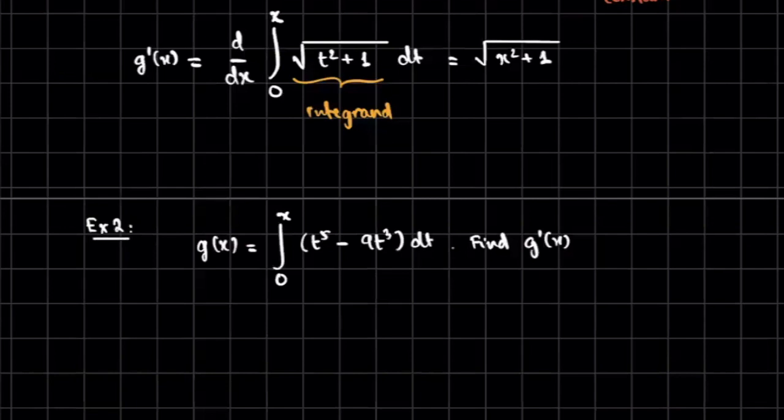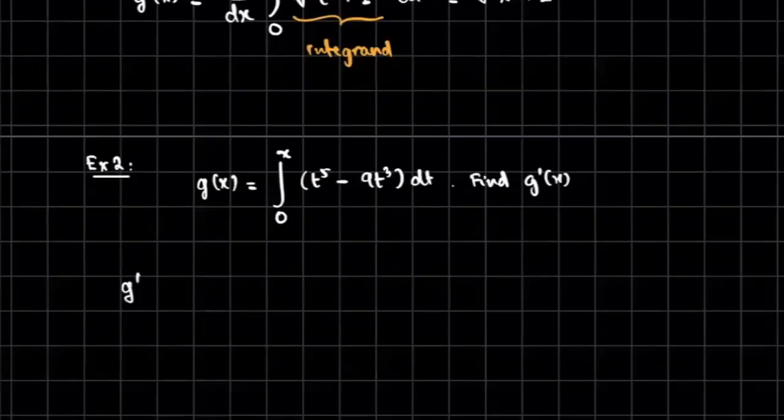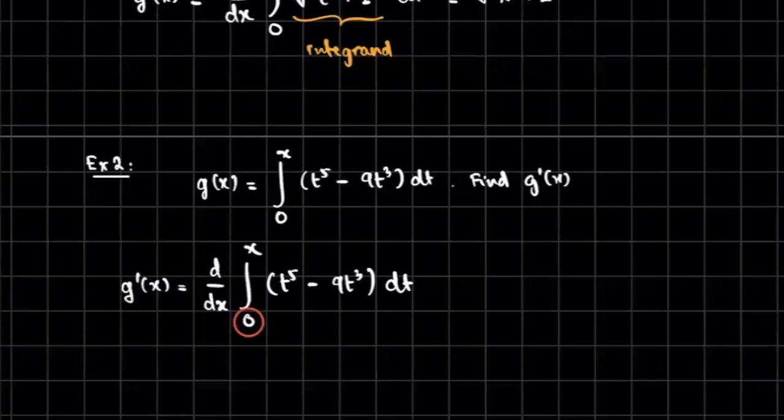Okay. So here's the setup. So g prime of x, what is it going to give you? So you take d dx of the integral from 0 to x of t to the 5th power minus 9 times t cubed dt. So what do you got here? The lower limit of integration is a constant that we got. The upper limit of integration is a variable.